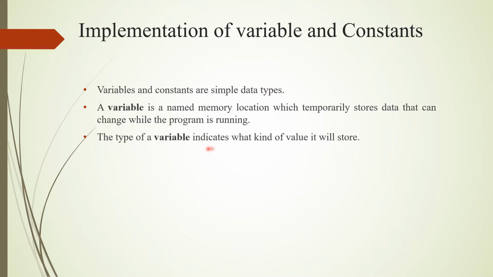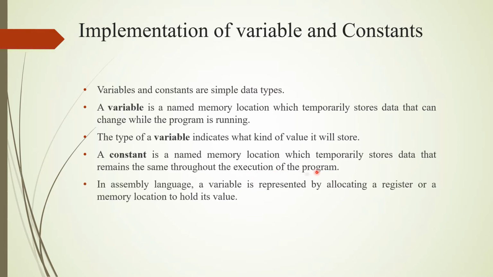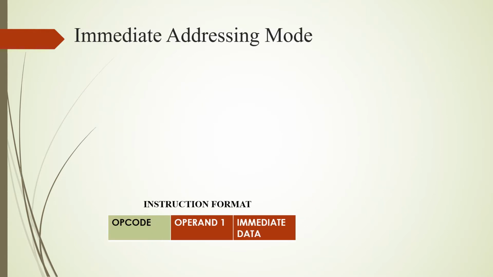The type of variable indicates what kind of value it will store. A constant is a named memory location which stores data that remains the same throughout the execution of the program. So in assembly language, a variable is represented by allocating a register or a memory location to hold its value. There are different modes of addressing used to access these variables.